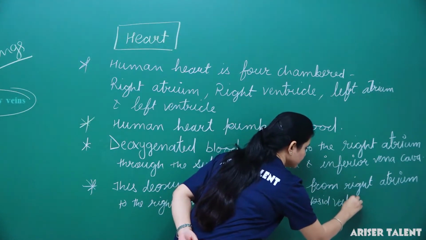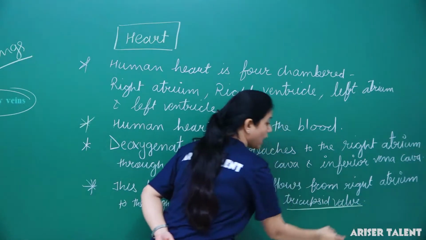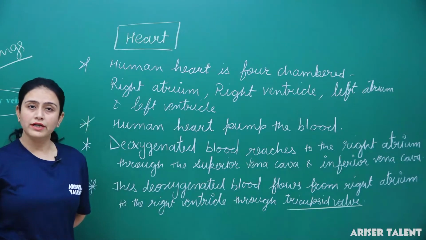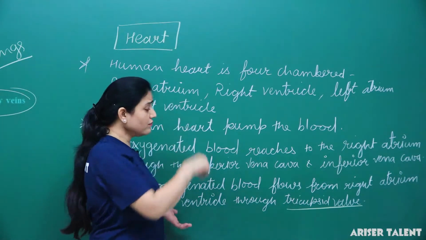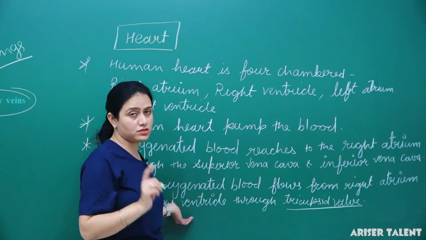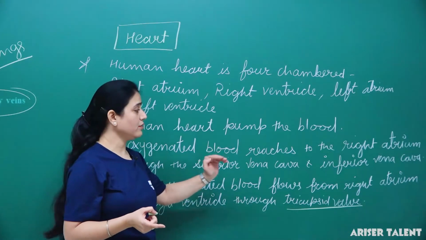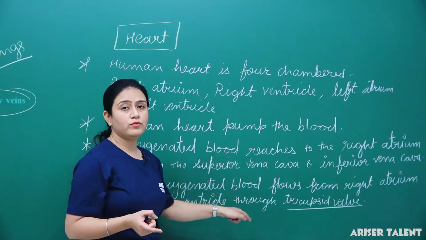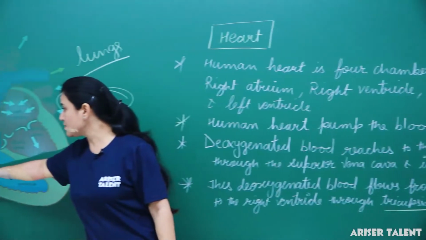Okay. This tricuspid valve allows the flow of deoxygenated blood. Which blood is flowing from the right atrium to the right ventricle? This is deoxygenated blood. Fine. So this deoxygenated blood flows from the right atrium to the right ventricle through this tricuspid valve. Here we can see this tricuspid valve.